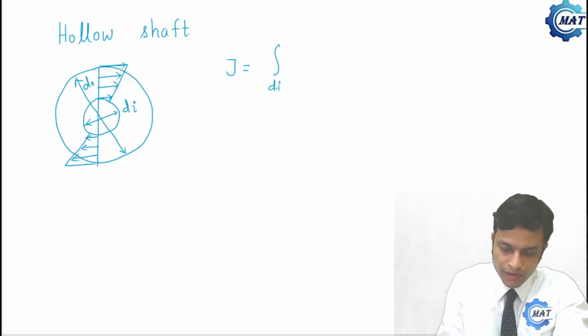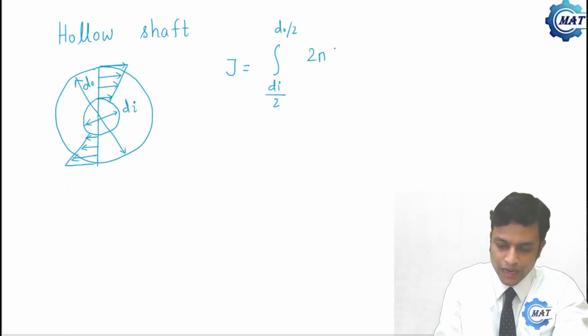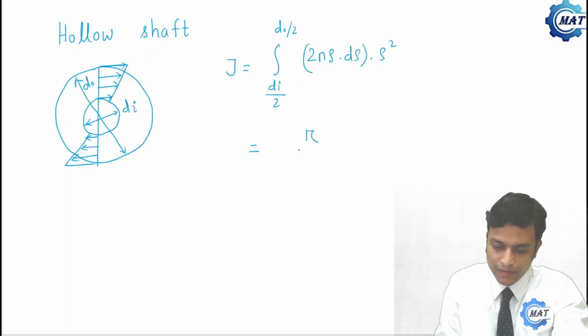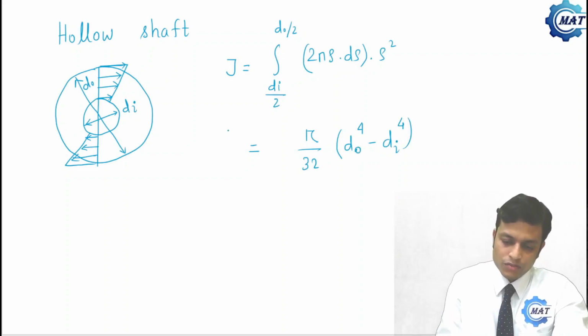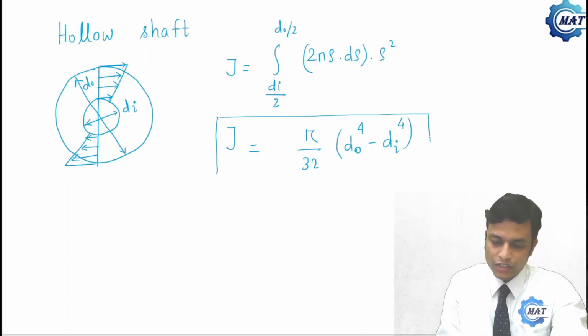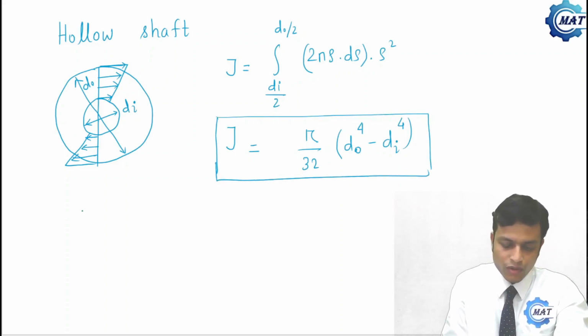Then the limit will be di by 2 to do by 2, 2 pi rho d rho into rho square, and that will become pi by 32 into do to the power 4 minus di to the power 4. So this is the polar moment of inertia for a hollow shaft, and we got the equation T by J is G theta by L.